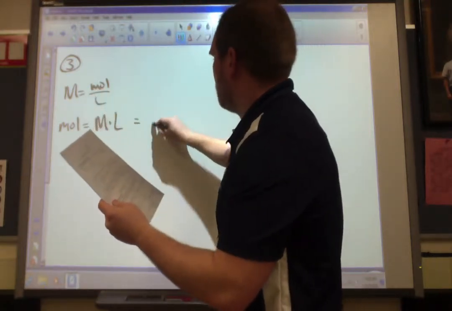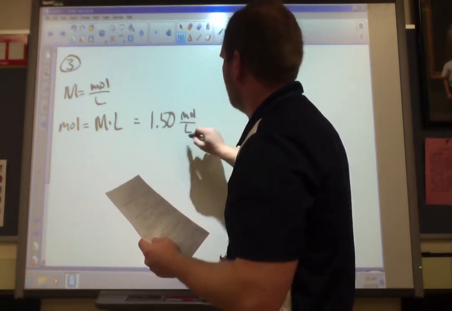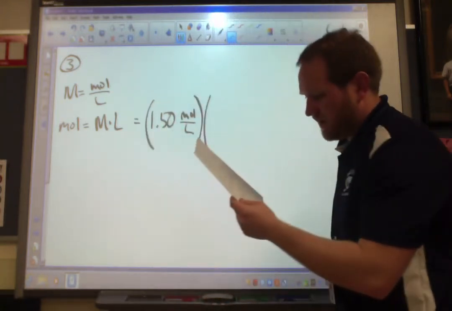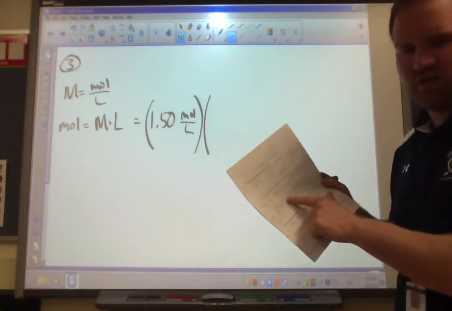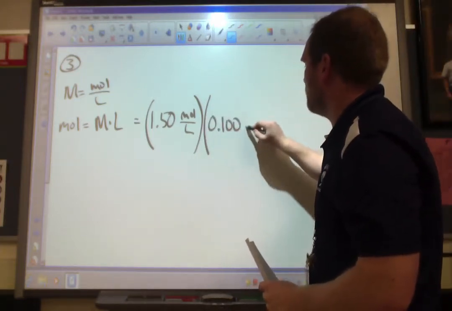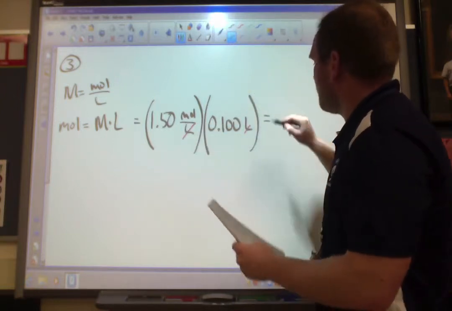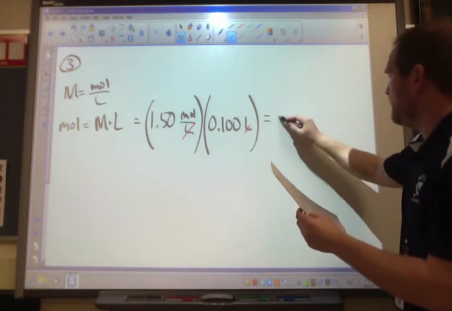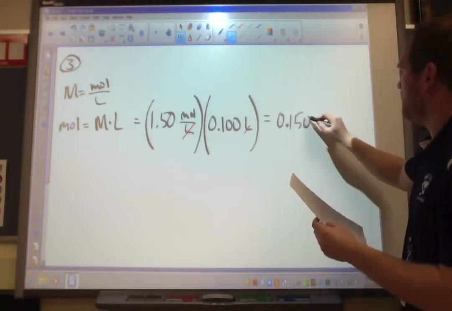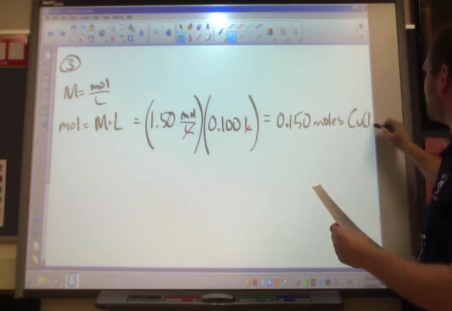Okay, so my molarity is 1.50, and let's do moles per liter for that. My liters, well, it gives me 100 milliliters, so that's going to be 0.100 liters. Liter cancels liter. And this gives me 0.150 moles of CuCl2.